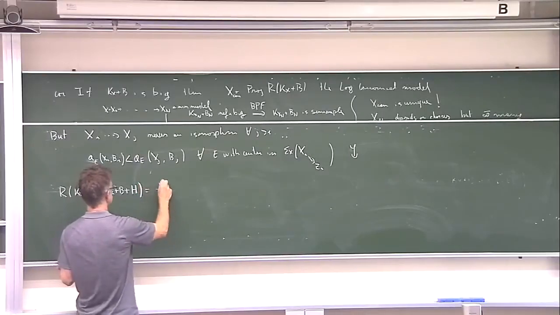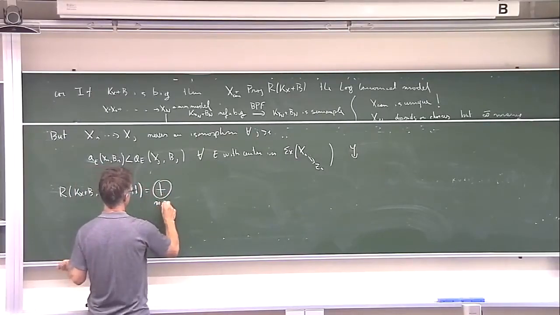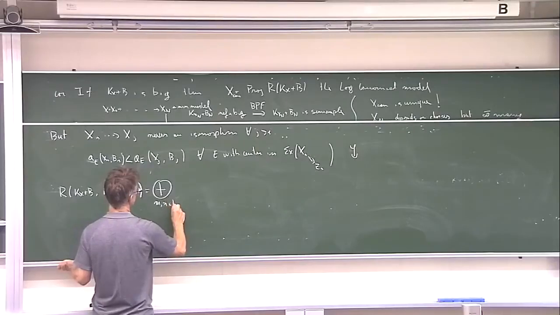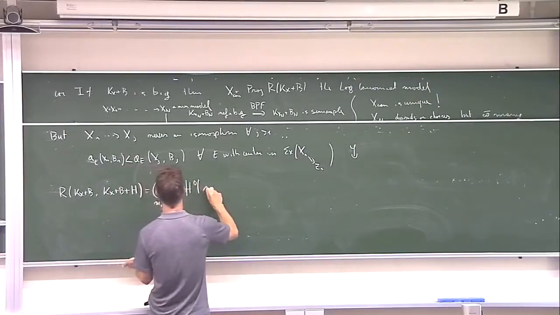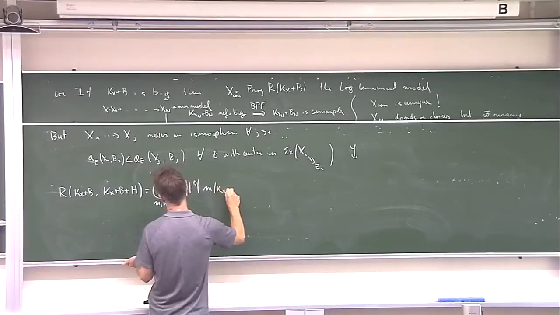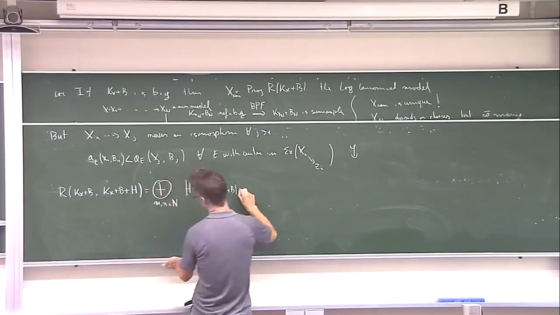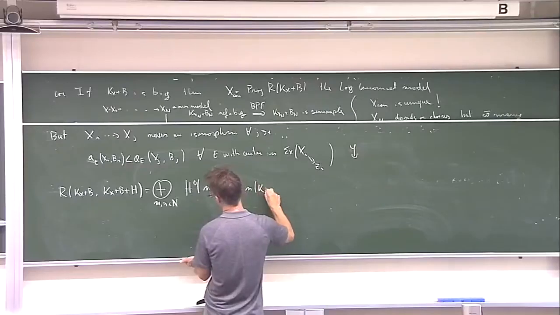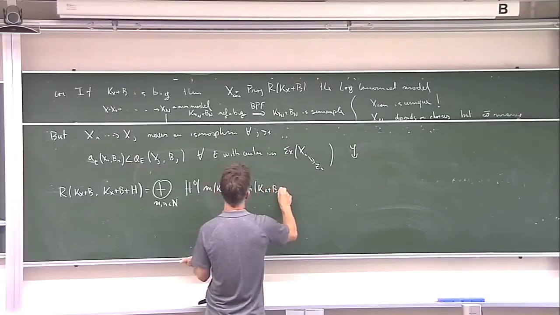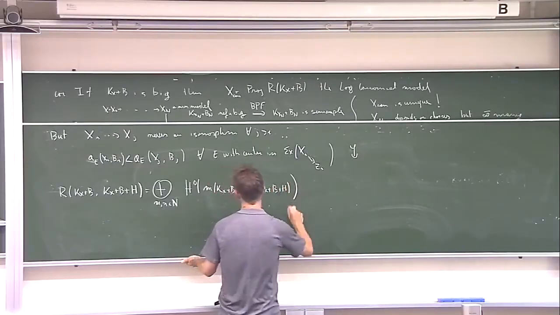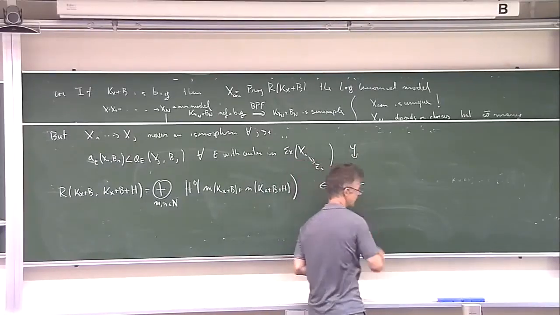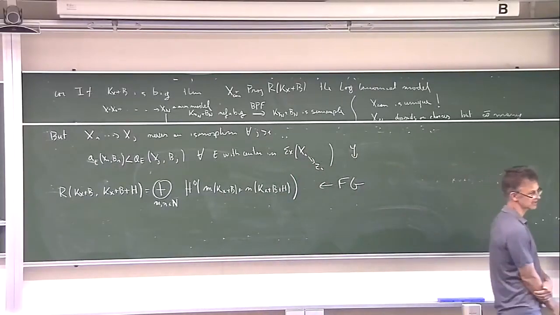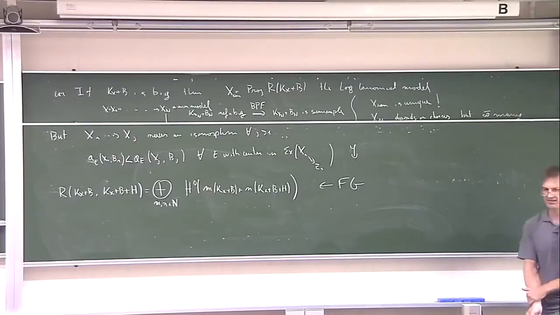By this I mean the direct sum, for all non-negative integers m and n, of h0 of m(kx plus b) plus n(kx plus b plus h). Now, if you believe that the previous ring I discussed is finitely generated, you should also believe that this is finitely generated.